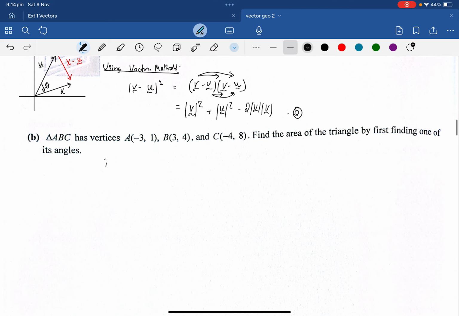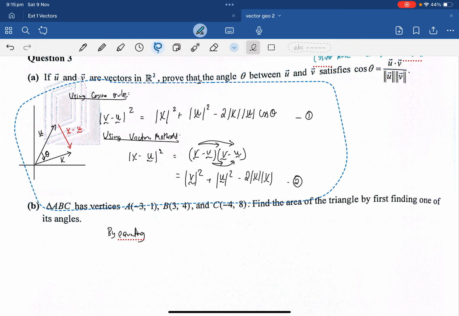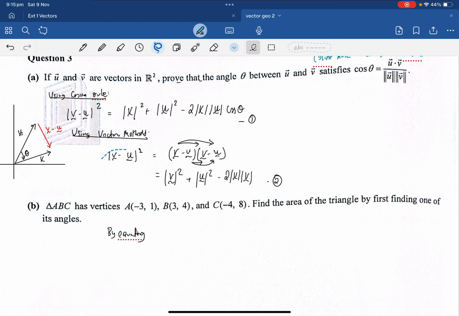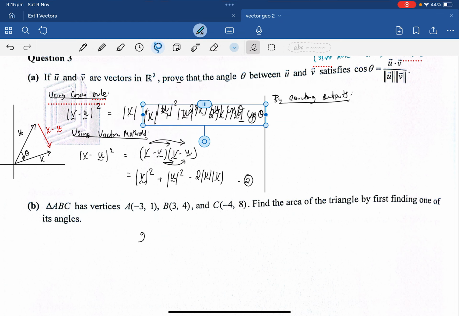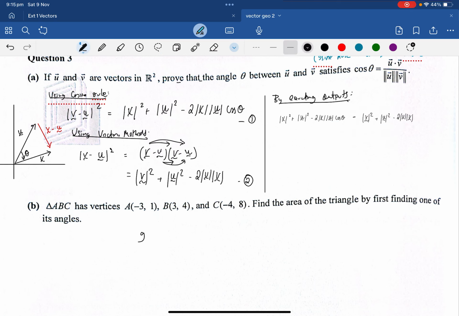So then we can equate by equating outputs, we get that this output is equal to this output. Easy.